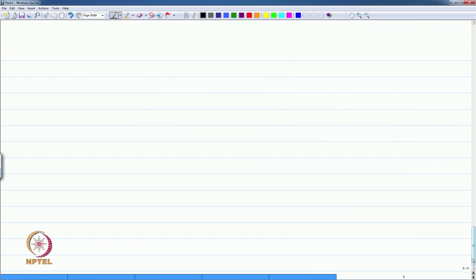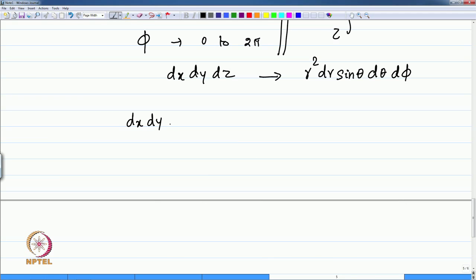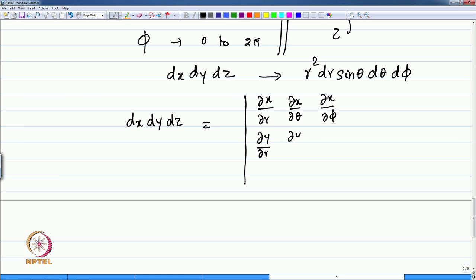Those of you who are not familiar with this transformation must go back and look at the coordinate transformation, and the relations are given by what is known as the Jacobian, the determinant of the partial derivatives of x, y and z with respect to r, theta and phi.